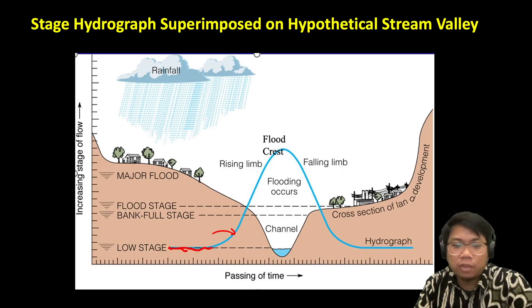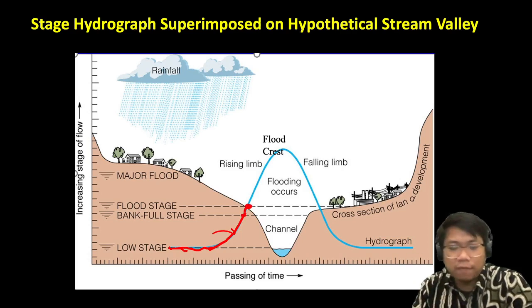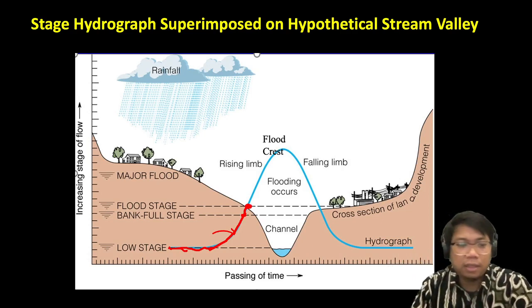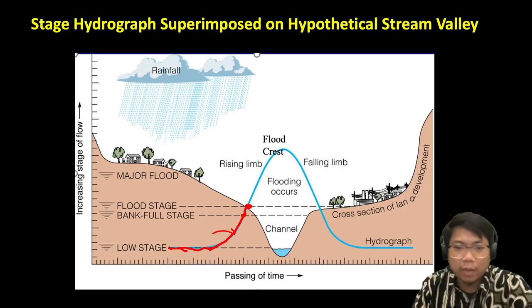Then once we have a high amount of water coming into the channel, it will start to increase and reach the bankfull stage right here. This is not flood stage yet. At this point, when it goes above the levee or the natural bank's elevation, that's when we start to call it flooding.